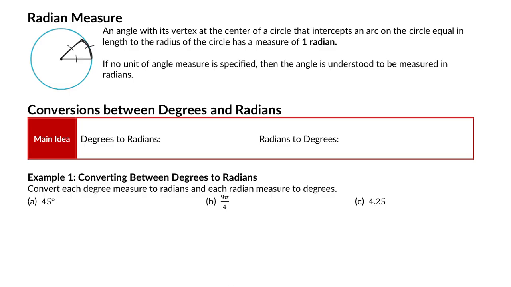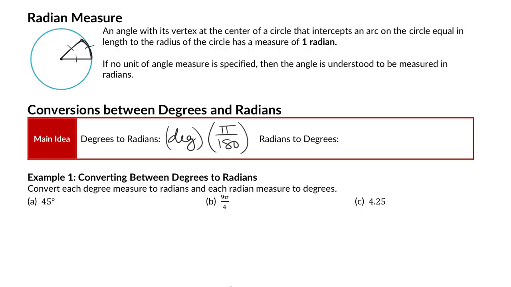If you have degrees and you want to change it to radians, you will take the degree measure and multiply it by pi over 180. Now 90% of the time you're going to leave it in terms of pi, which means you'd really just be doing the degrees divided by 180, making it back into a fraction and slapping a pi next to it, because we are probably going to leave them in terms of pi until it tells you to round.